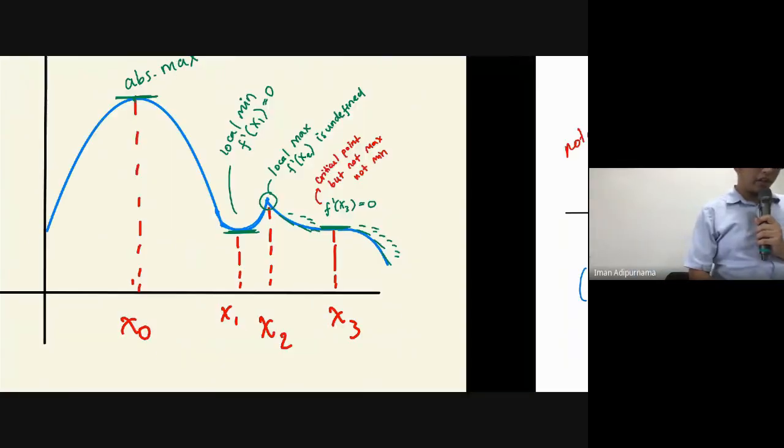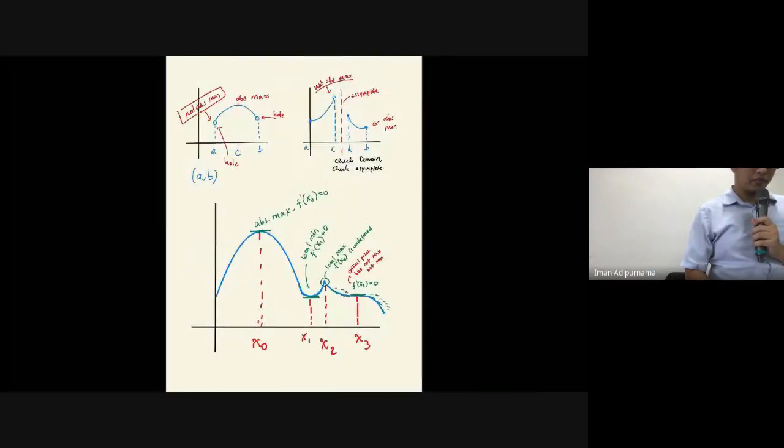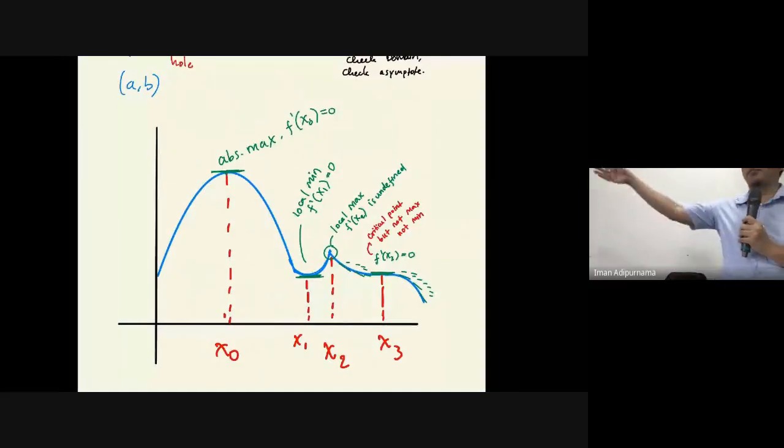Let me write some definitions from what we have observed from the graph.